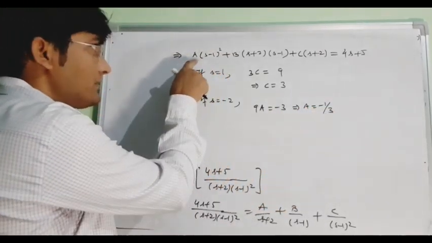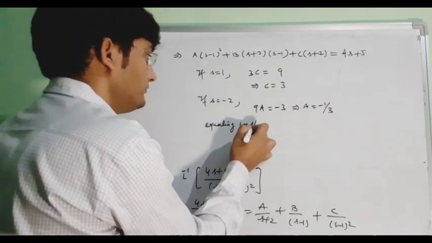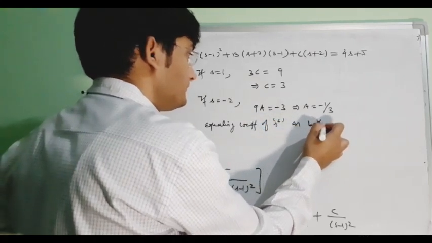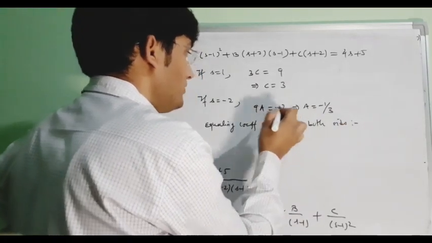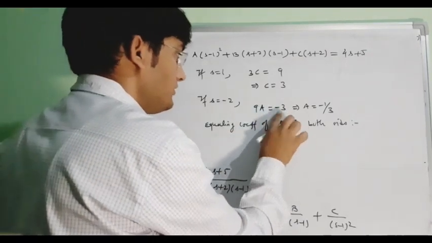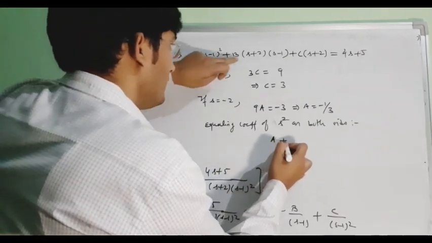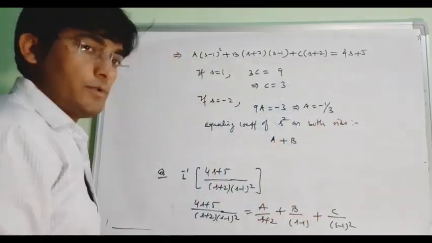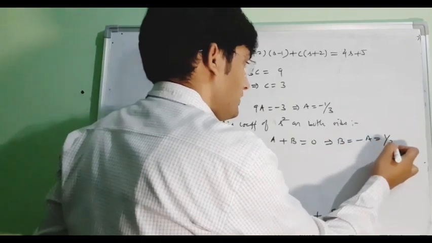Now let us compare, equating coefficients of s square on both sides. On computing the coefficient of s square, here we will have a, from here we will have b, and on the right hand side there is no coefficient of s square, so this will be 0. So b will be minus a, and that will be 1 by 3.